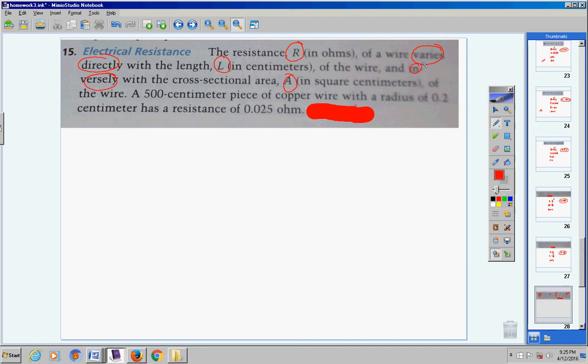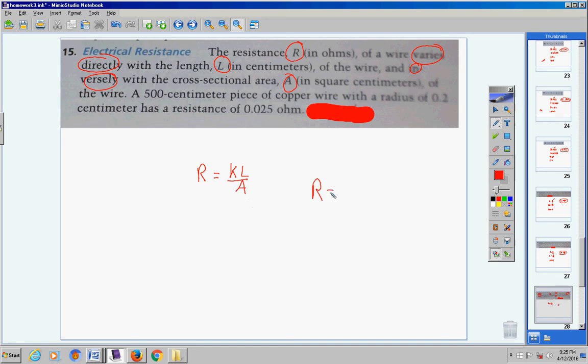R varies directly with L. But R also varies inversely with A. So just put it over A, and there we go.